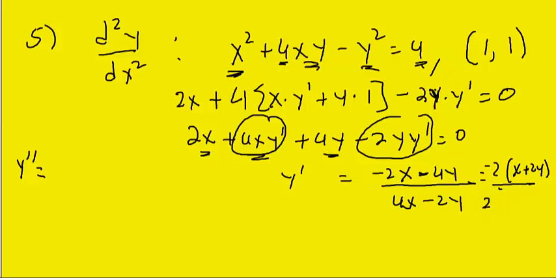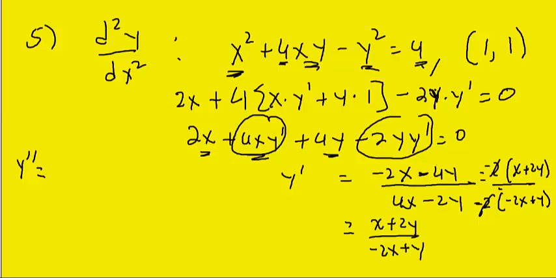Factor out a negative 2 also. That's going to give me negative 2x, and then plus y. Negative 2's cancel out, and my y prime becomes x plus 2y, all that over negative 2x plus y.